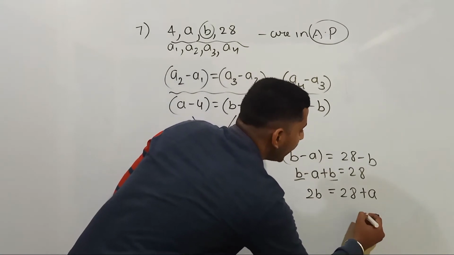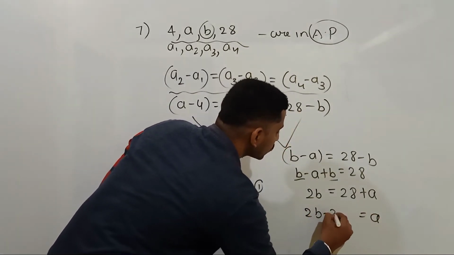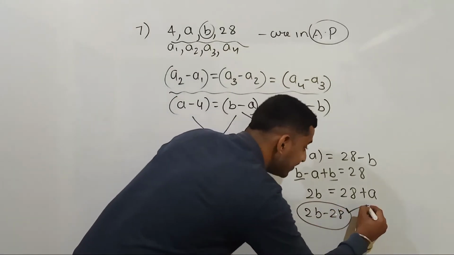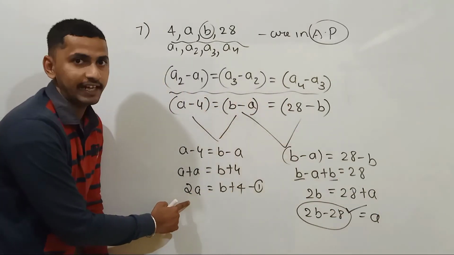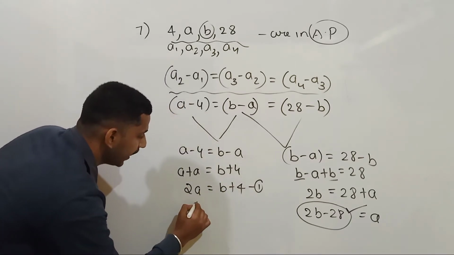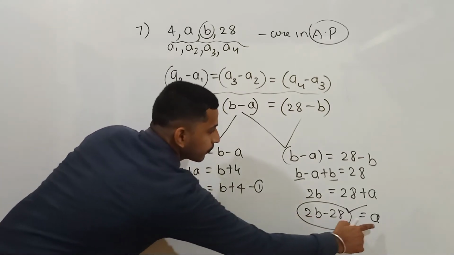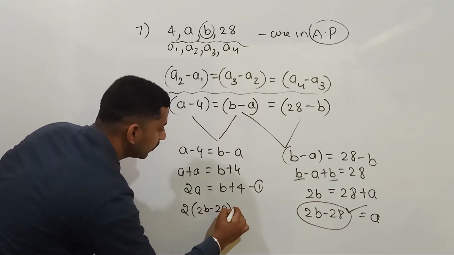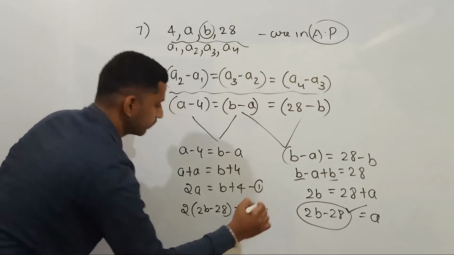What will be the value of A? A is equal to 2B minus 28. Now substituting the value of this A in equation 1. Let us substitute A. What is the value of A? 2B minus 28. 2B minus 28 is equal to B plus 4.